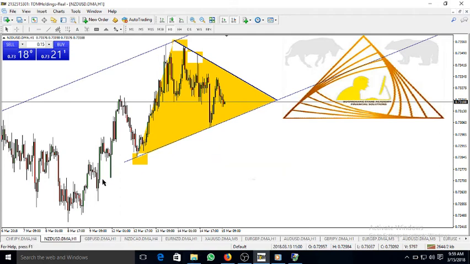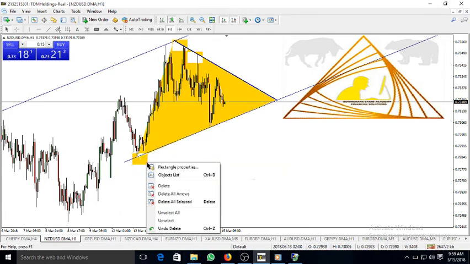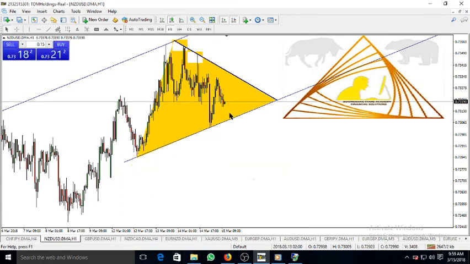Let me erase this. So anytime if it breaks this one, you're expected to buy. If it breaks this one, you're expected to sell. So let's try to check this on a higher time frame.